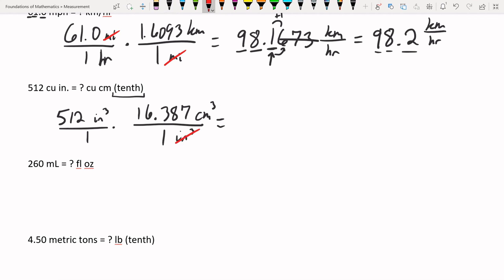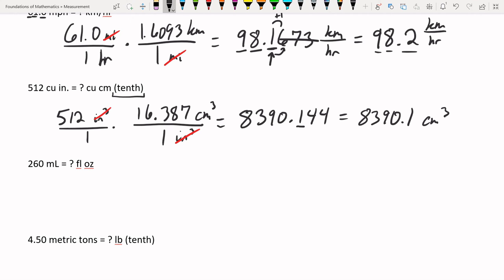You see our units cancel. We get 512 times 16.387, which gives us 8390.144. And rounding this to the nearest tenth, this is the tenth spot, so we get 8390.1 centimeters cubed.